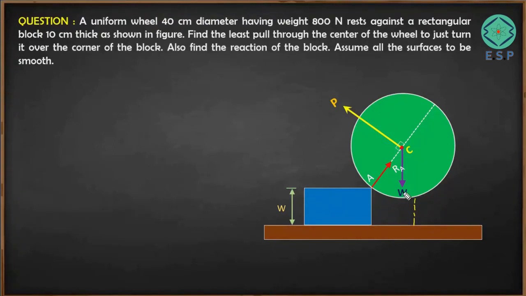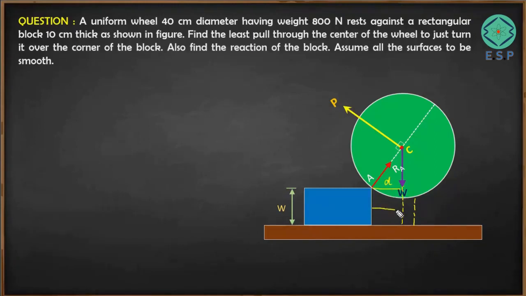Now weight has become at this particular position. So from here you can understand that the distance of weight which was initially at this particular condition, now it is at this particular condition. So the distance of weight from point A, this distance, let me call D. So this distance is reducing.